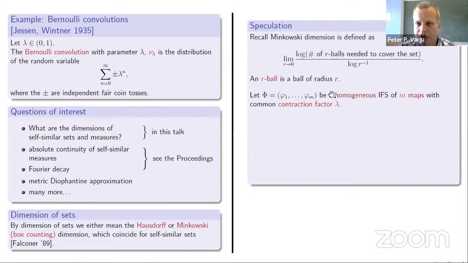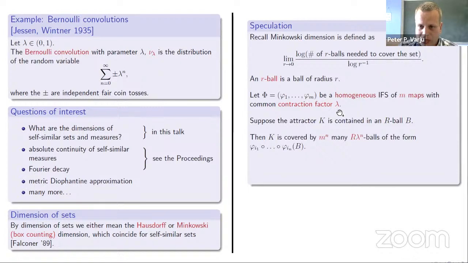Okay, so now suppose that you have a homogeneous iterated function system for simplicity with m maps and with a common contraction factor lambda. Suppose that your self-similar set K is contained in a ball of radius capital R, which I denote by B. Then one thing that you can do is that you can compose your maps.